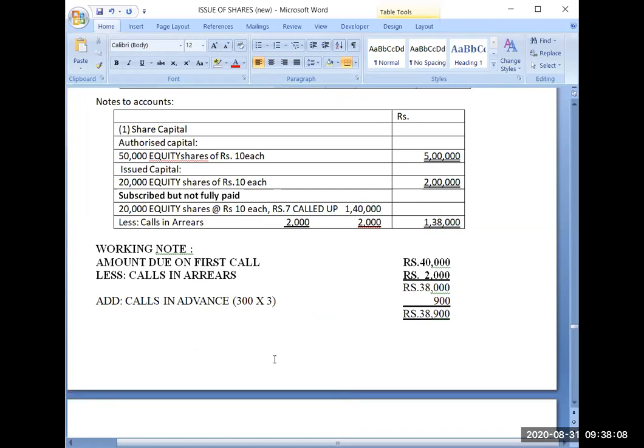Whenever you have to adjust the amounts for both, first focus on the thing which is due. First calculate that amount, that is 38,000, and then move on to calls in advance.